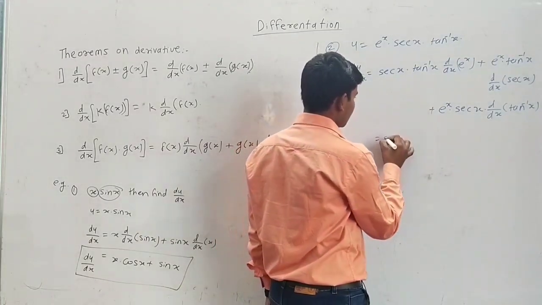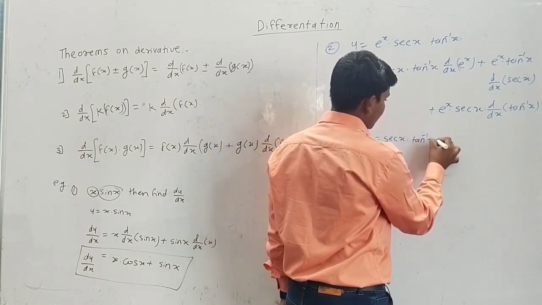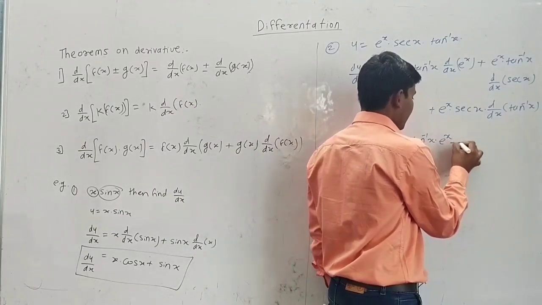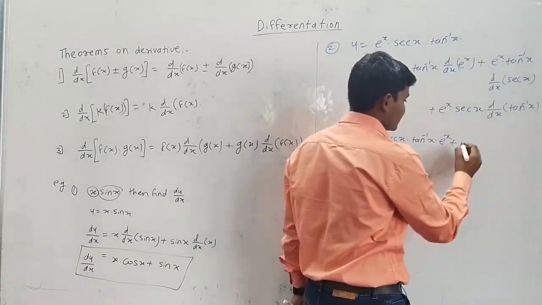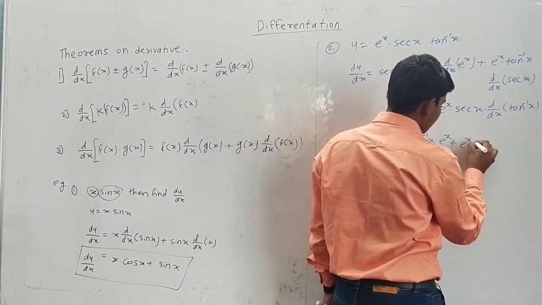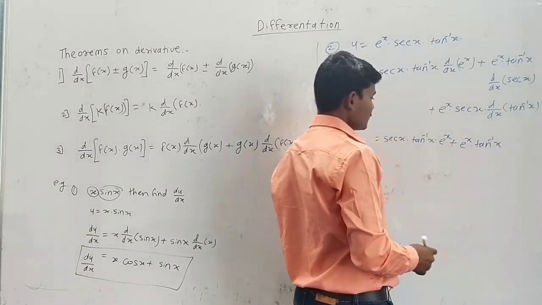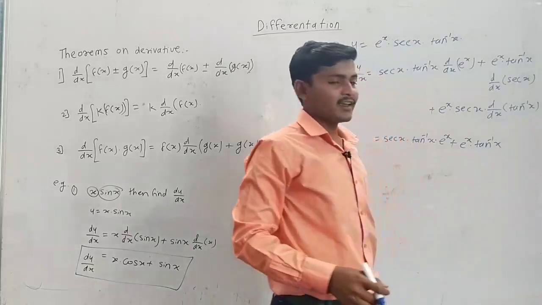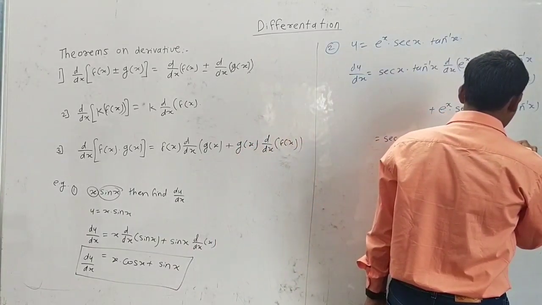Now sec x into tan inverse x and the derivative of e raised to x is always e raised to x, plus e raised to x into tan inverse x as it is, and the derivative of sec x is sec x into tan x, that we have seen.